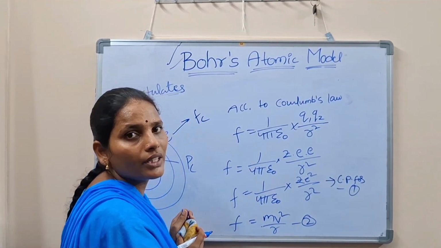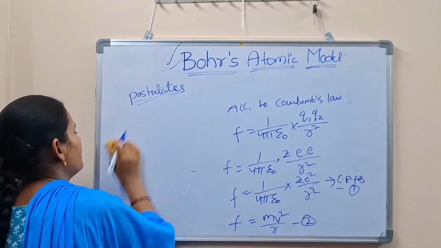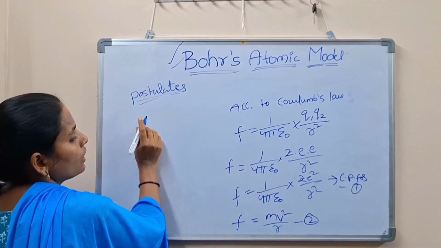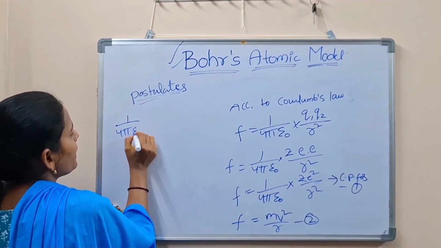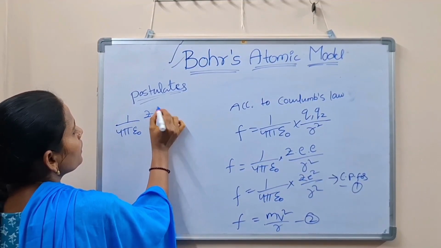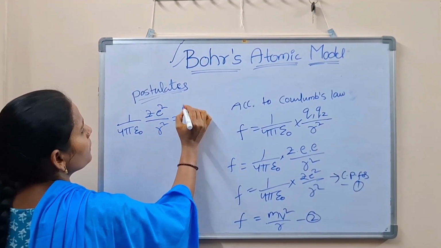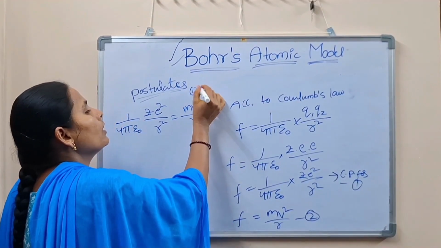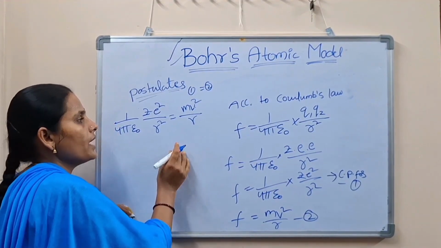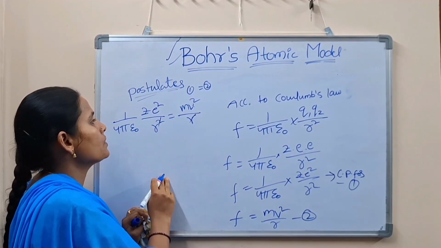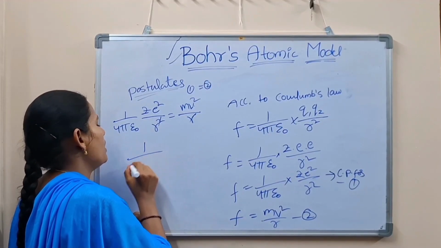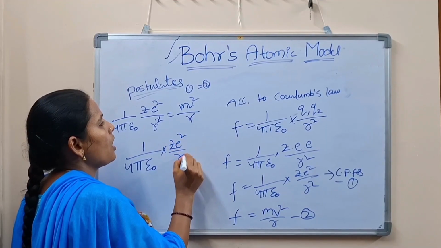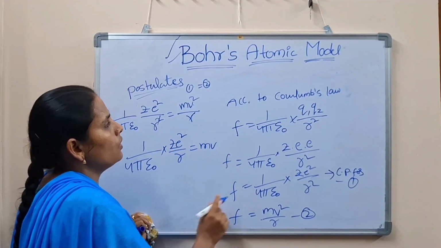By equating both equations, we are getting 1 by 4 pi epsilon naught into Z into E square by R square equal to mv square by R. Here 1 equal to 2. From this, we are calculating R terms. What is remaining here? 1 by 4 pi epsilon naught into Z square by R equal to mv square.